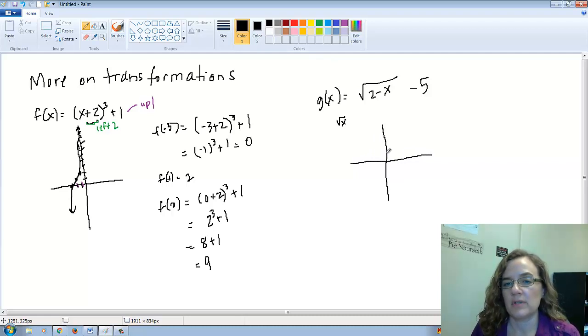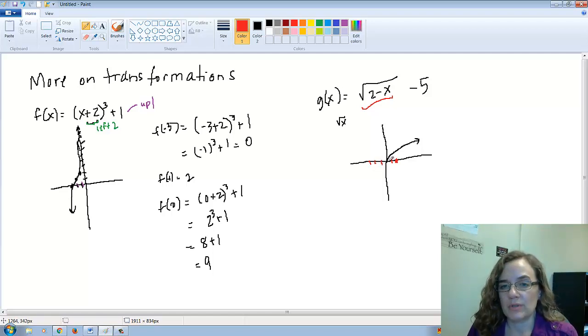Square root of x looks like that. Well, now as soon as I have a negative on the x inside and I'm moving it over to the right, we're going to the right 2. So here at 2, but now it's going to be going to the left like this. So it completely changes it around.